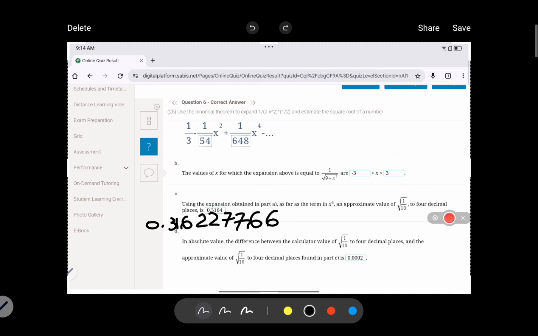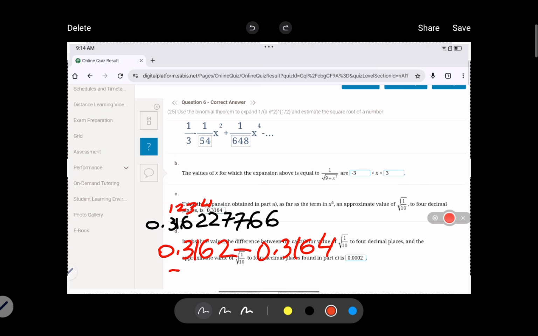0.3162227766. Okay, and they only wanted 4 decimal places, so 1, 2, 3, 4. You cannot round, so you just keep it 0.3162 minus 0.3164.